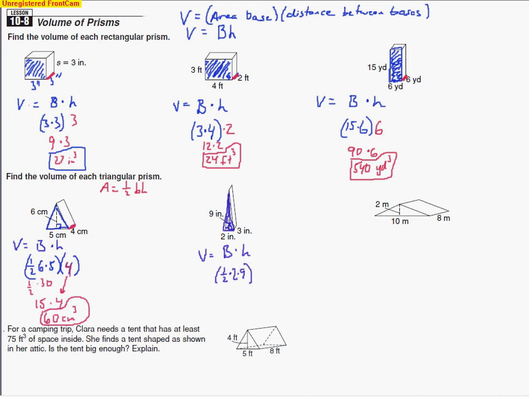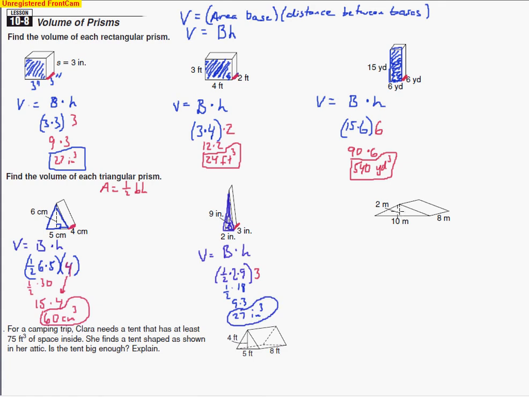And then the height is the distance between the two bases. It's this distance right here, which is 3. So when I do that work, I end up with 2 times 9 is 18, times 1/2 gives me 9. 9 times 3 gives me 27, so 27 inches to the third power.